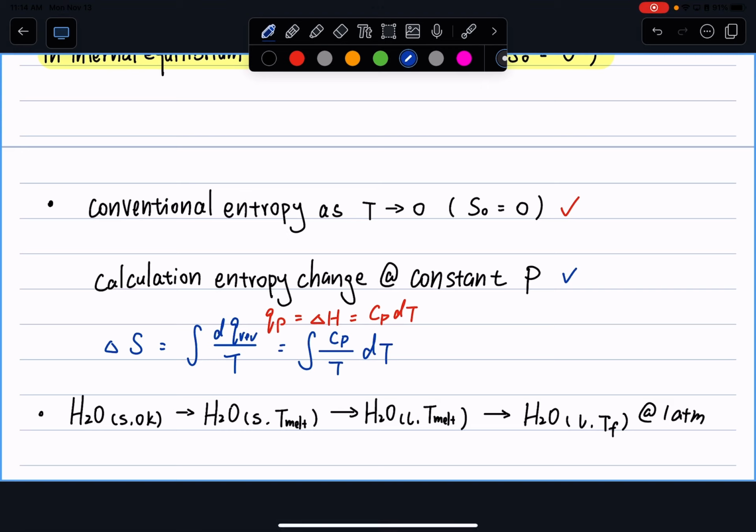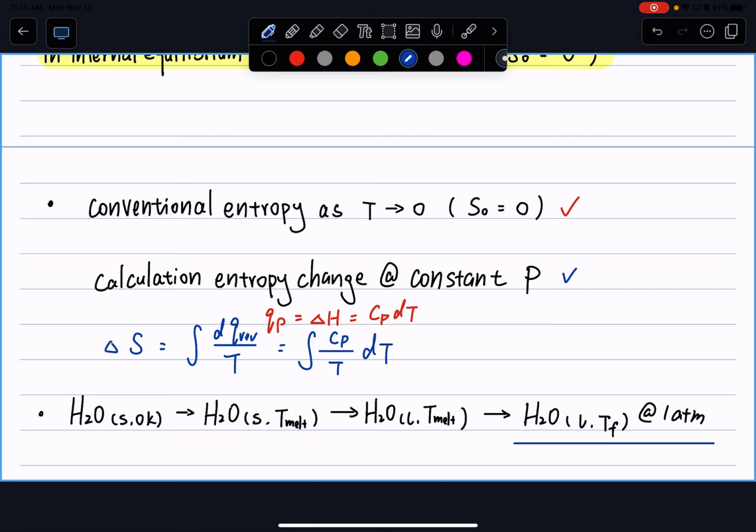With me so far? Then we'll use one example, which is water, to see how people calculate the conventional entropy from the bottom up. That means we start from the third law of thermodynamics, saying when temperature equals 0K, the conventional entropy equals 0. Then we build it up to get, for example, the conventional entropy of liquid water at some final temperature, maybe room temperature, at 1 atm.